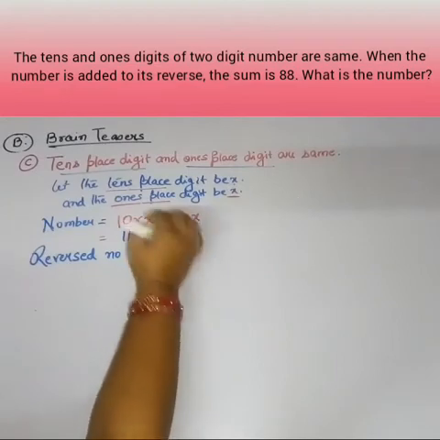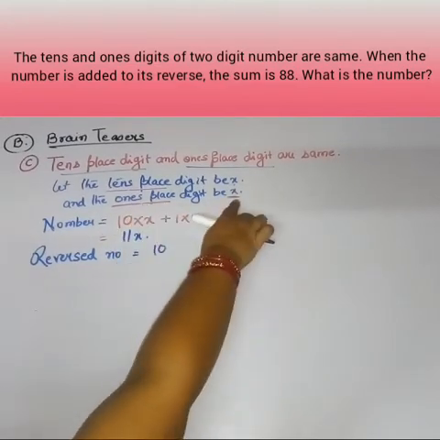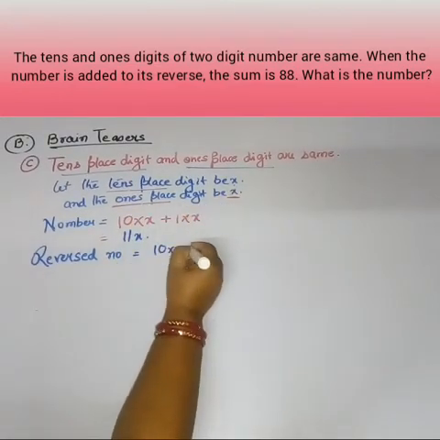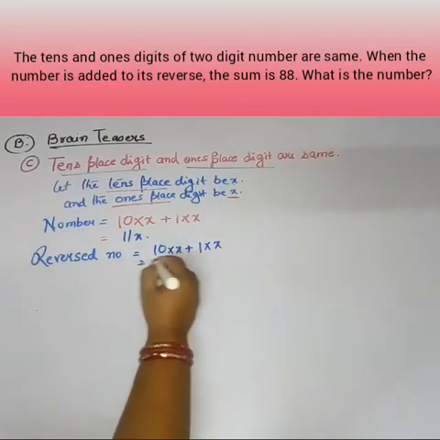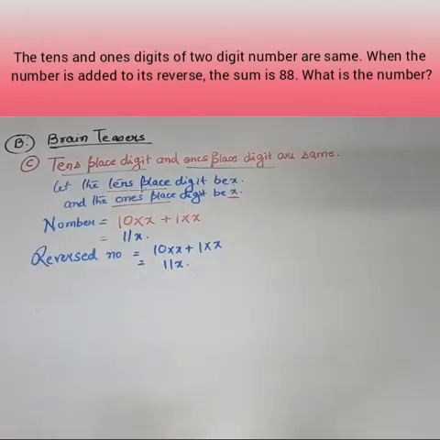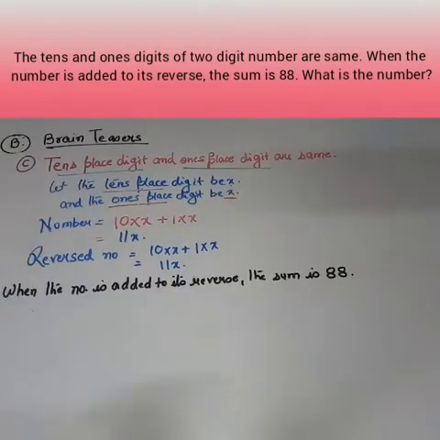again with the ones place digit I will multiply 10, that means 10 into x, plus with the tens place digit I will multiply 1. We will get the same number, that is 11x. Now the next line is, when the number is added to its reverse.